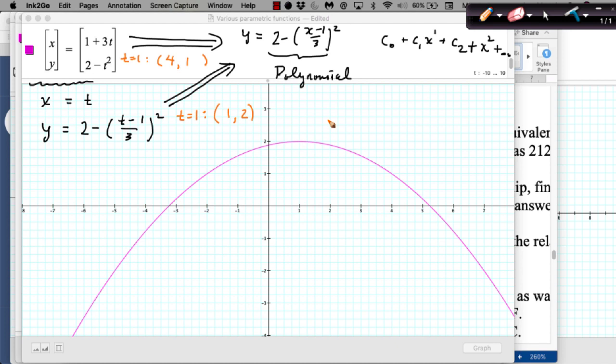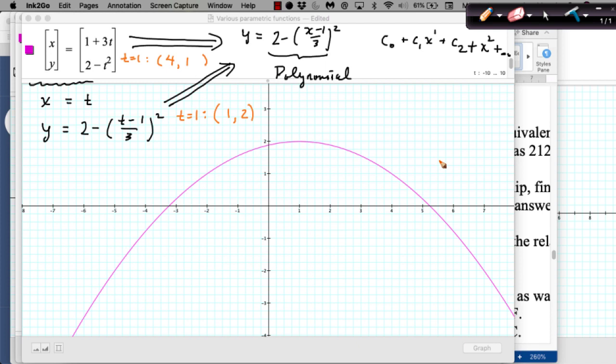Different functions, right? If I put t equals 1 into a function, or any t value, if I'm comparing them, I need to get the same result every time, right? So here I get 4, 1, here I get 1, 2. So they're different functions, but the same set of points. They're just generating the same set of points differently.